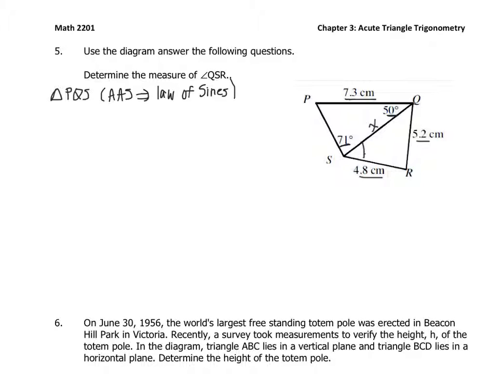If we set that up for triangle PQS, we would have sine of 71 over 7.3, because we know the side across from angle 71 is 7.3. And we really want to get x involved, so we would rather have angle P and work with that rather than angle Q. We do have two angles in the triangle, so it's not hard to get angle P, because angle P would just be equal to 180, subtract the 50, and the 71.